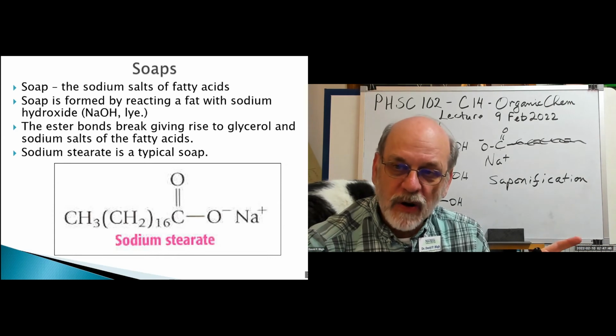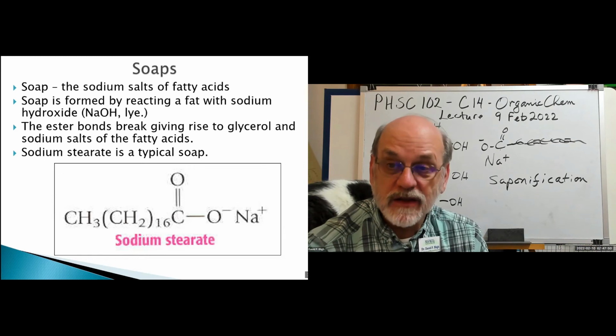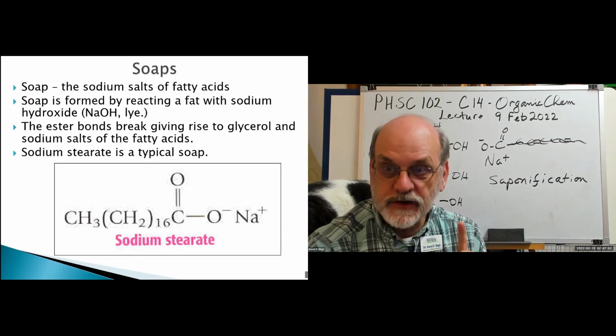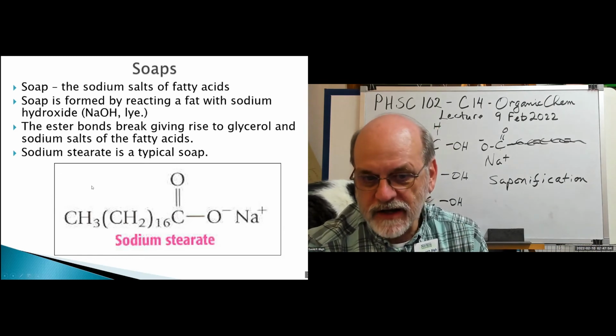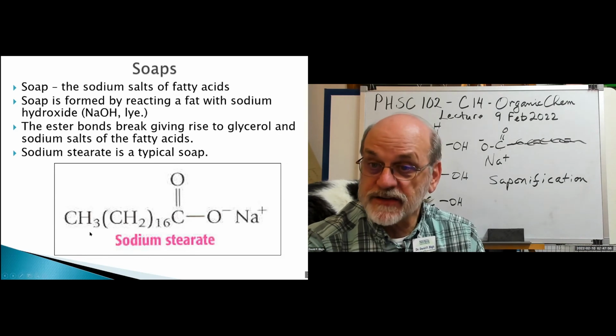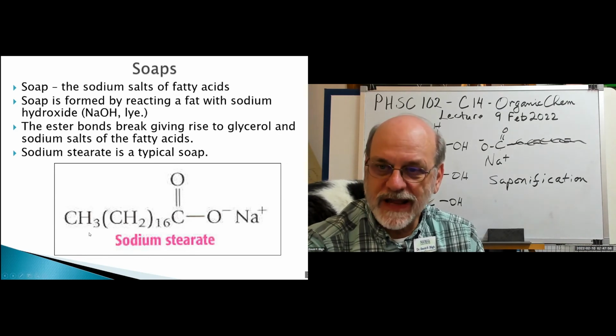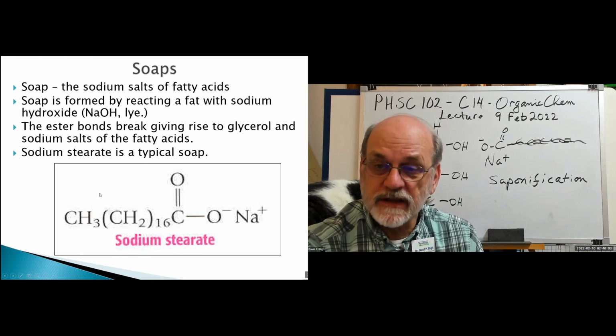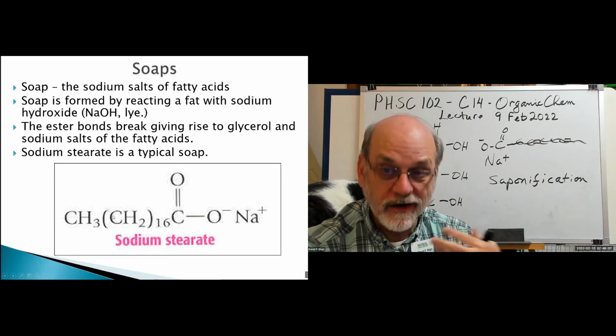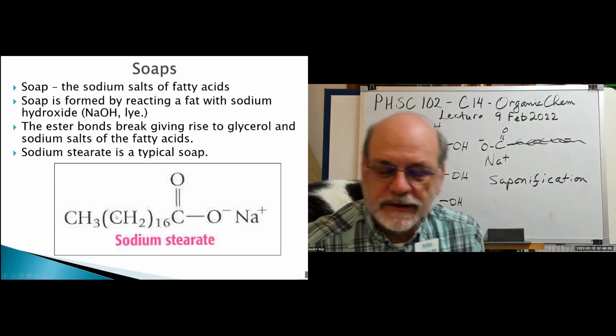What if you have a polar end to a molecule and a nonpolar end on the same molecule? That's a soap. Right? This part out here is nonpolar. What does that dissolve in? Well, when you put it on your hands or on your clothes, when you wash them, this dissolves in the fat, the oils that are deposited on your clothes when you wear them, and they pick up from the environment.